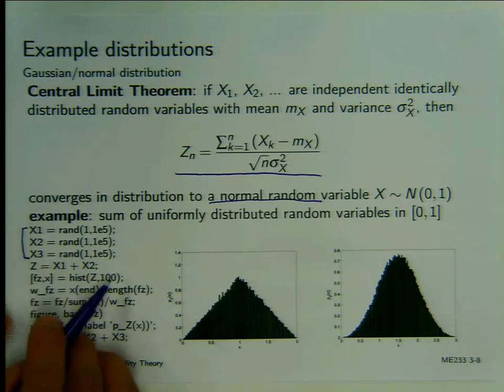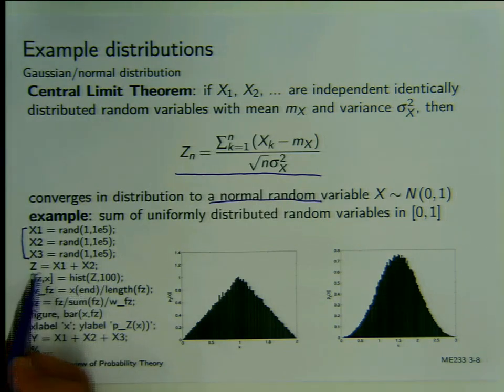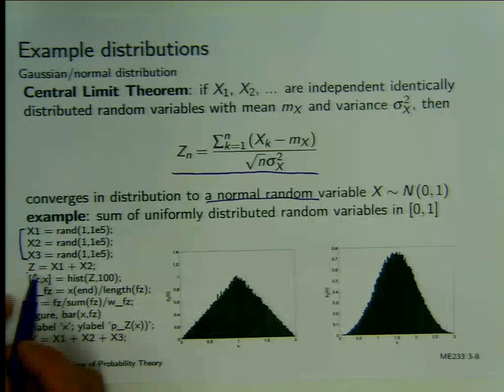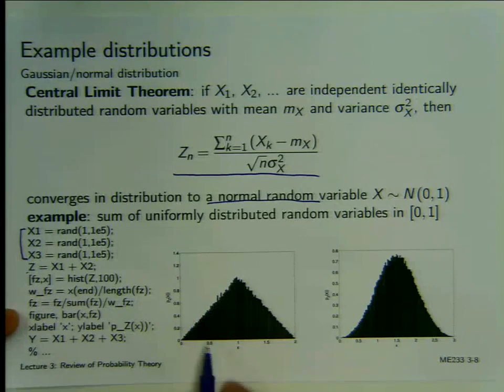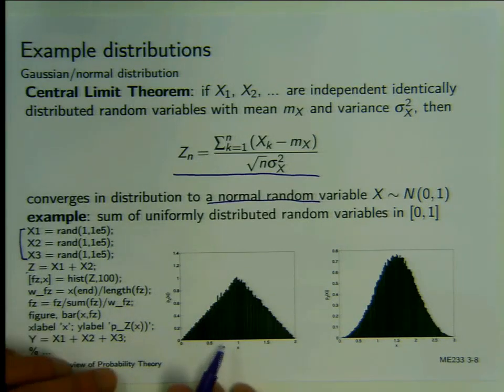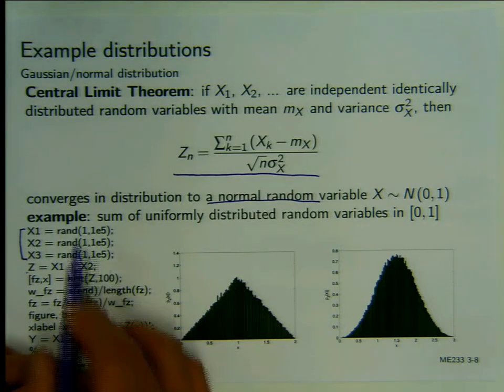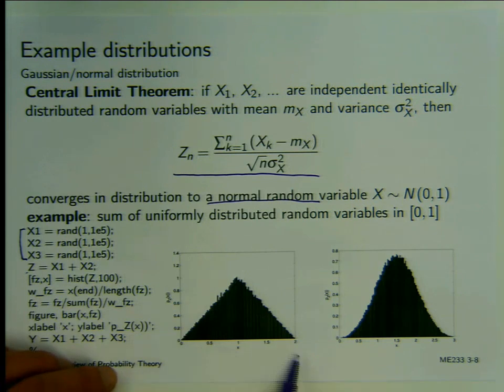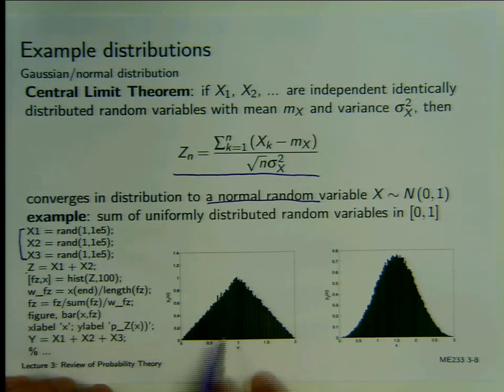And then I sum up the first 2. And then I plot how this z behaves. This is the result. If I sum up 2 uniformly distributed random variables, this is how the distribution of the new summation random variable looks.